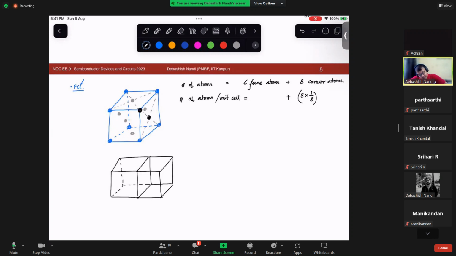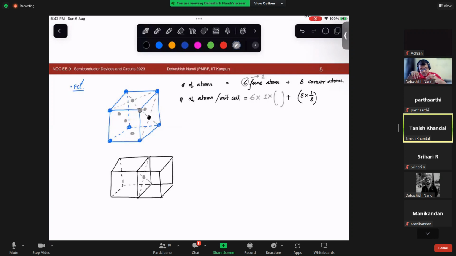There is a face centered atom at this face location. I am just talking about one particular face. Let's take 1 atom out of 6, and then we can multiply it by 6. Just the way we took 1 corner atom and understood that it is shared among 8 cubes, 8 unit cells.